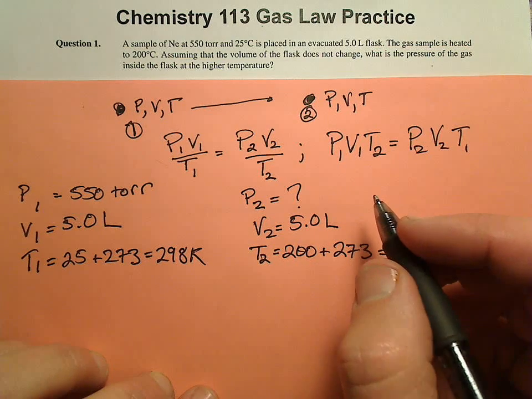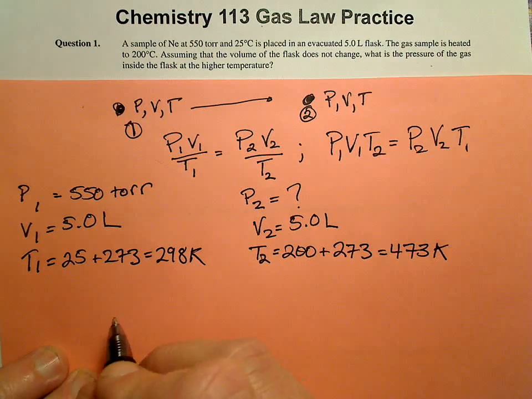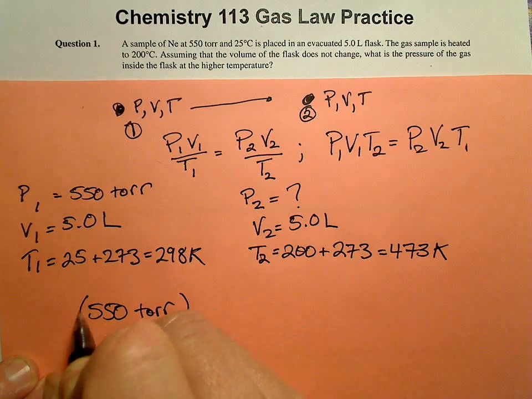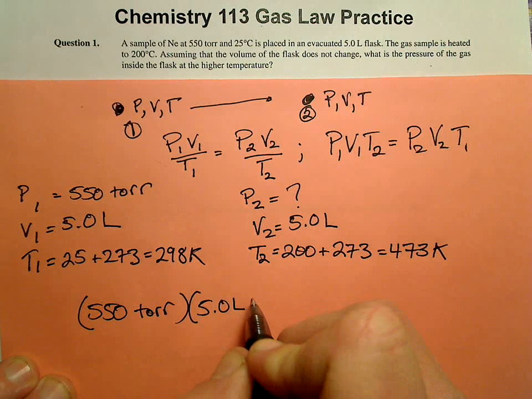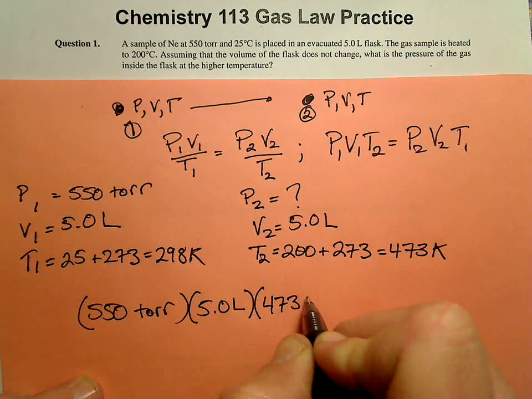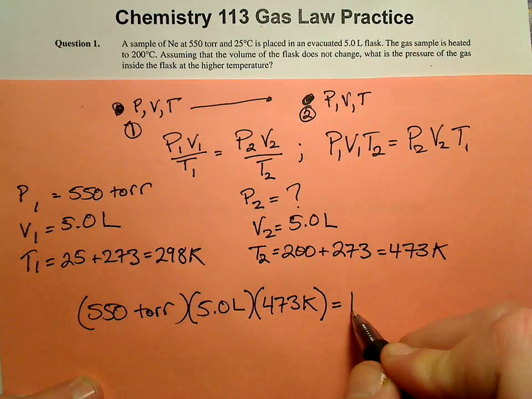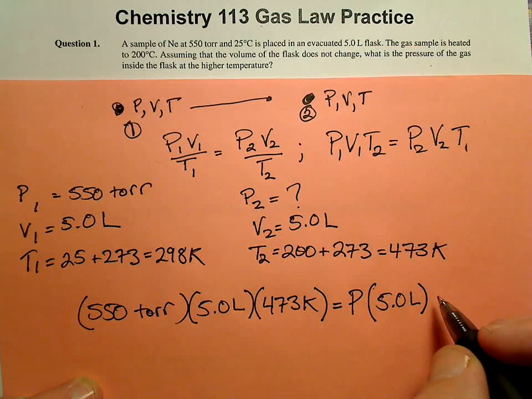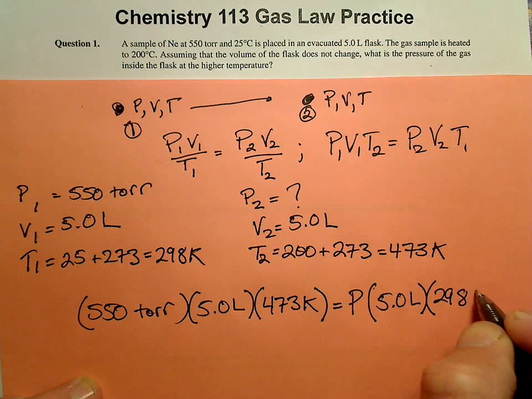All right. And what else do we have? I think that's everything. So let's go ahead and plug it into this equation here. We can say P1 is 550 torr times V1, which is 5.0 liters, times T2, which is 473 kelvins, is equal to P2, which we don't know, times V2, which is 5.0 liters, times T1, 298 kelvins.